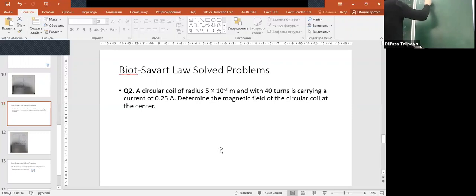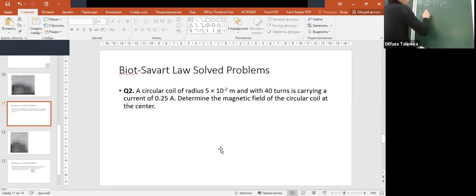Okay, so B is equal to mu 0 divided by 4 pi multiplied by the integral of I, number of terms, and dl divided by R squared. And I and R are constant numbers, so we rewrite this as follows.